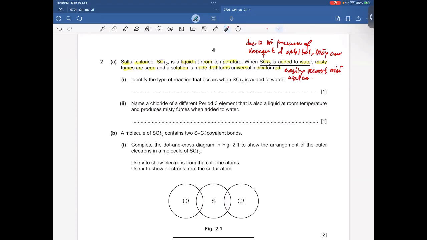All right. Now identify the type of reaction that occurs when SCl2 is added to water. Obviously, this reaction is going to be hydrolysis.